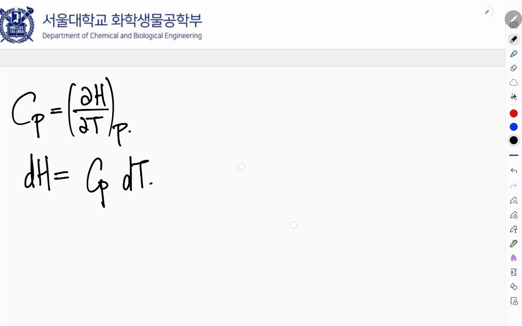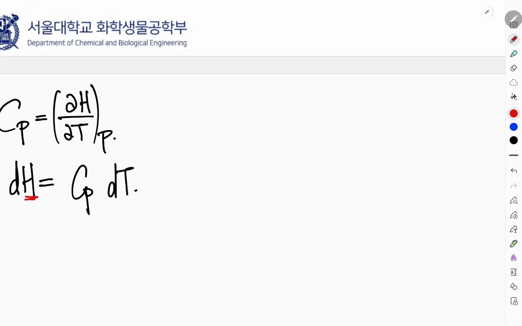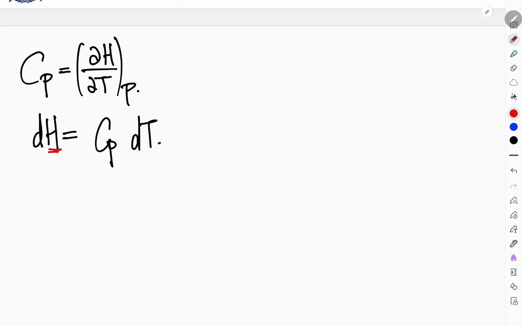To consider the change in reaction enthalpy with the temperature, we replace this enthalpy with the reaction enthalpy like this, and we also consider the change of the heat capacity of the product and the reactant.